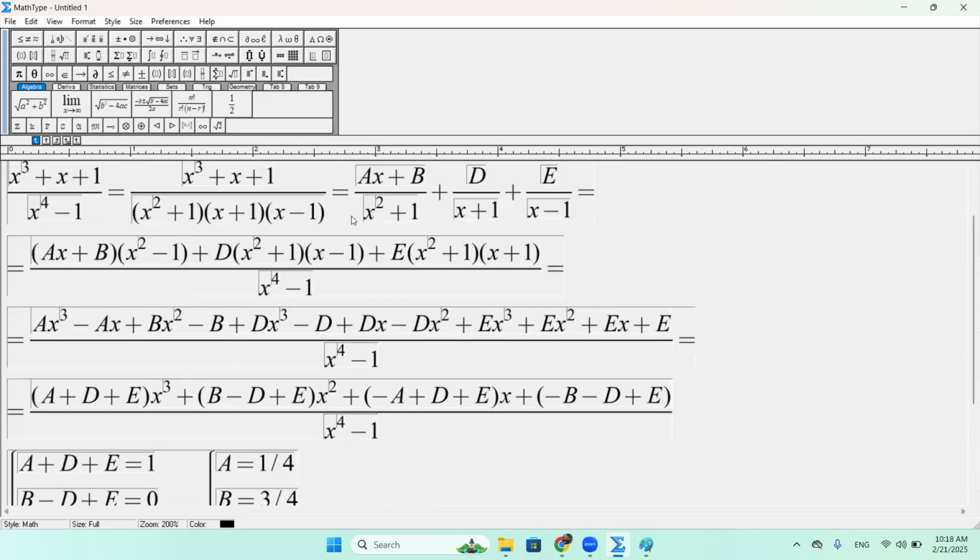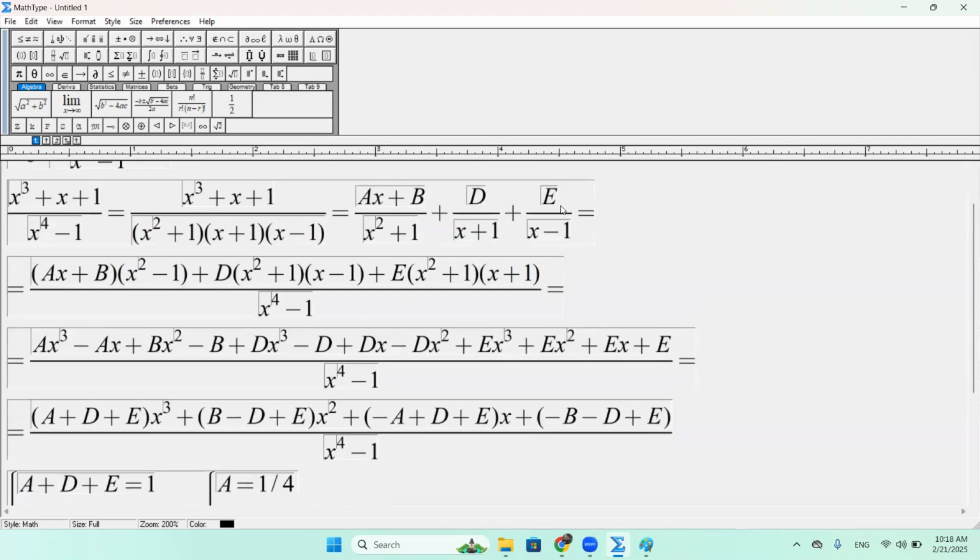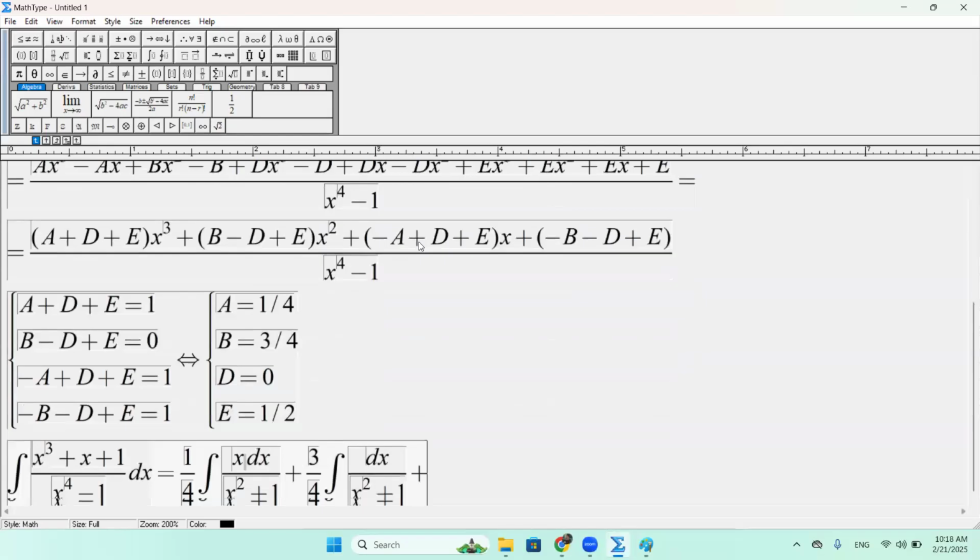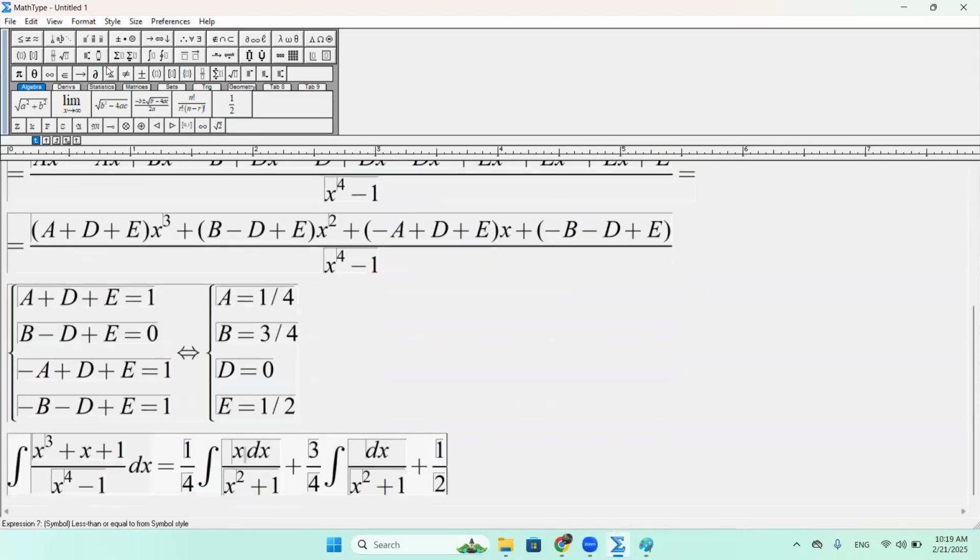Nice, so less to integrate. And so plus 1 second of the integral dx by x minus 1. So now we can integrate. So we have a sum of table integrals.